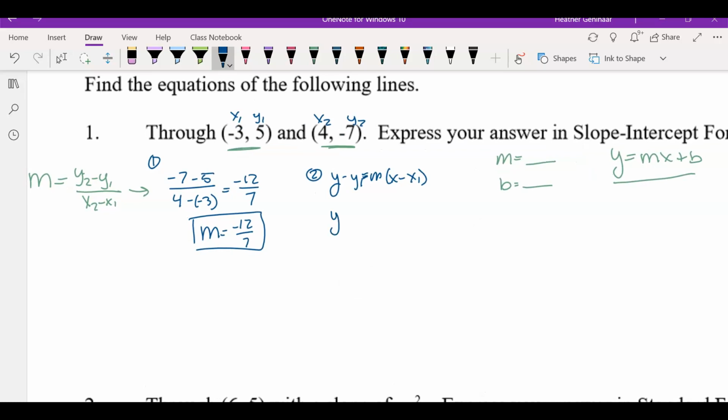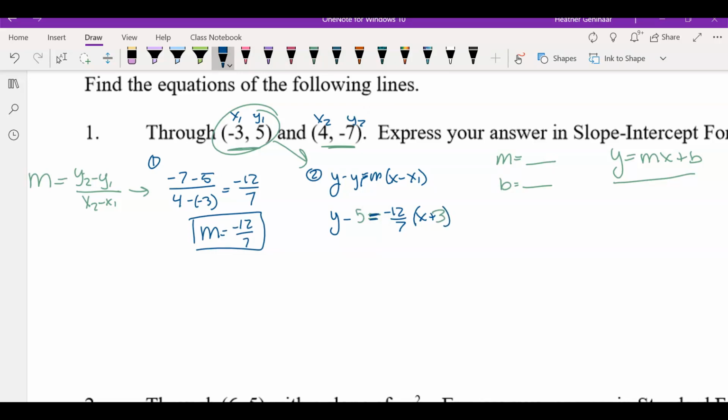So here, I'm just going to pick any random point, and I'll pick this one here. So we'll do y minus 5 equals, and then I'm going to plug in the m, which is -12 over 7, times x minus, which actually becomes a +3 because it's a -3.